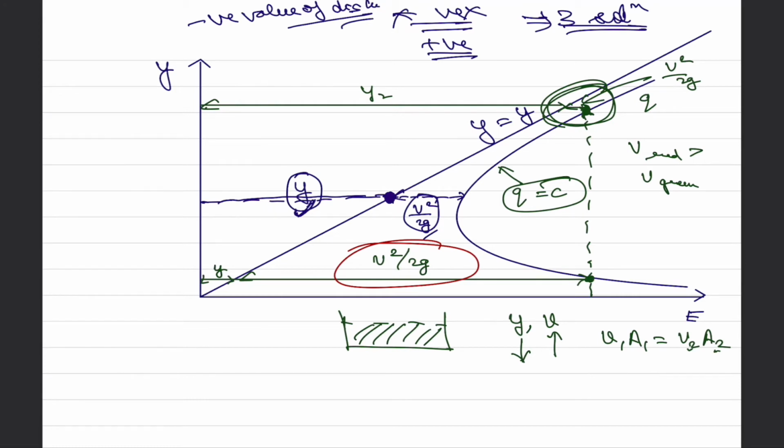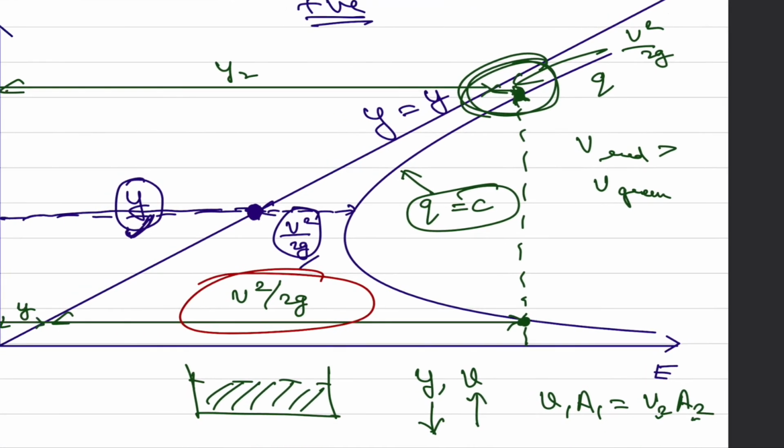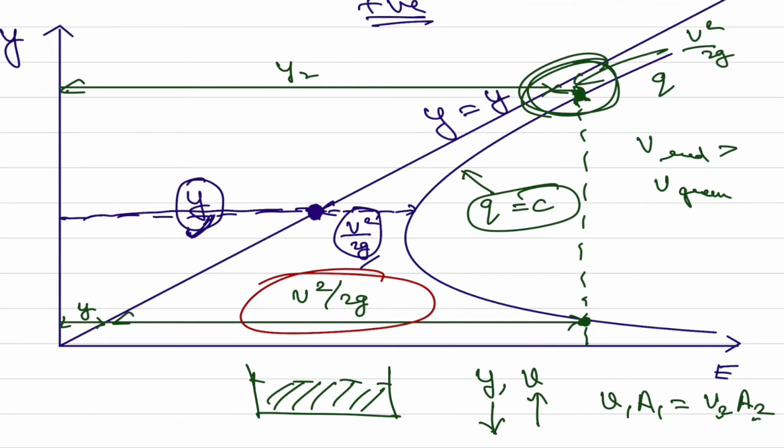Now, another interesting thing that you should notice in this curve is that all the points have two elevations corresponding to one measure of specific energy, but there is one specific point where energy is lowest.